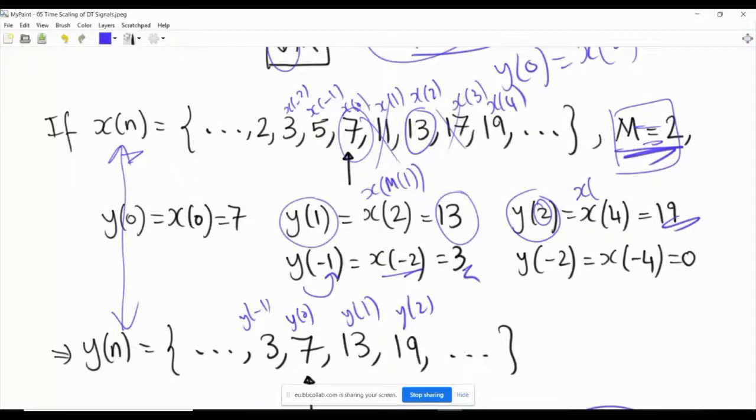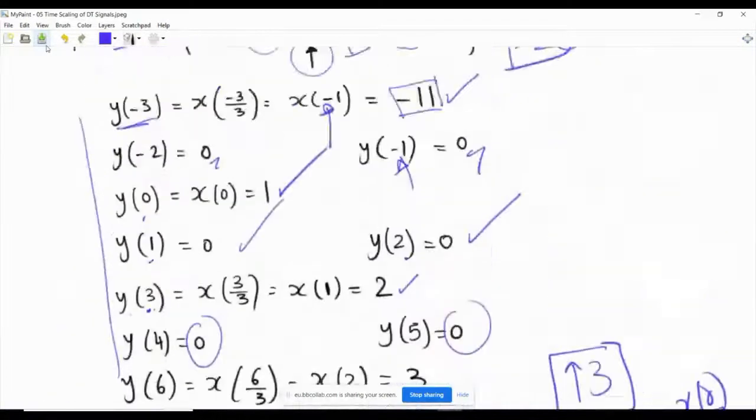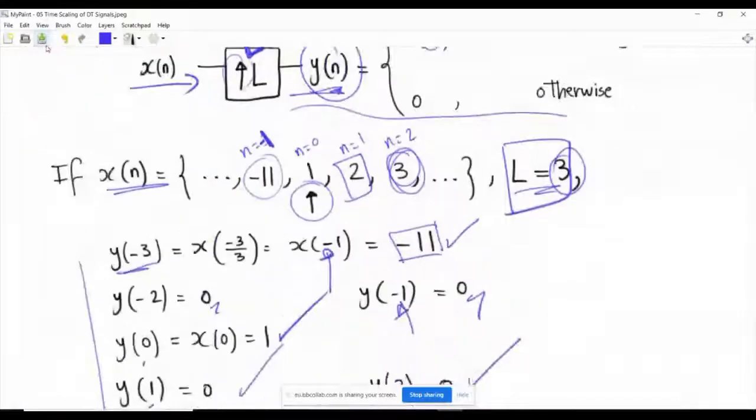The last thing I want to say is that these operations seem pointless. What's the benefit of something like this? You have a sequence, you simply discard samples, or in the previous case, you insert zeros. What is the point? It turns out that all modern digital signal processing systems rely on these two operations.